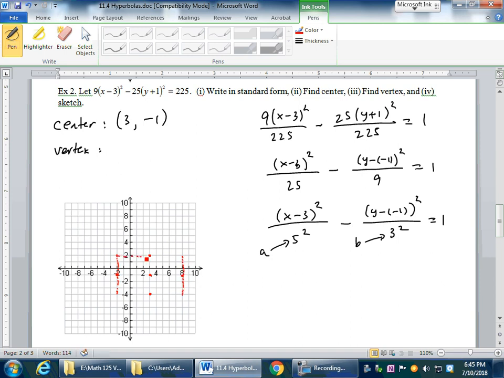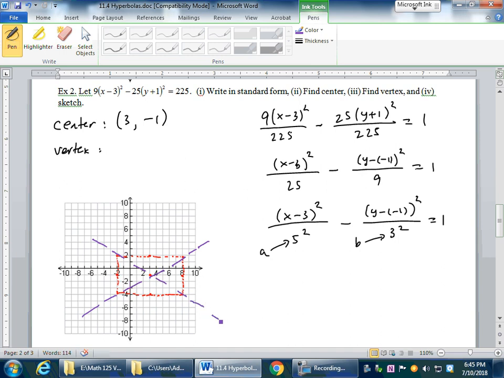So we draw the rectangular box, and then the next step is we need to draw the asymptotes that pass through the center and the diagonal of the rectangular box. That will help me to get the behavior of this hyperbola.